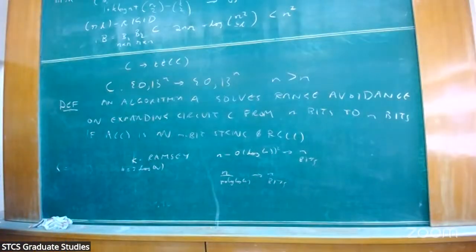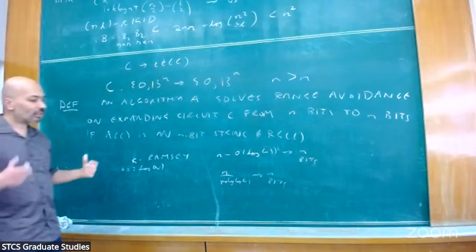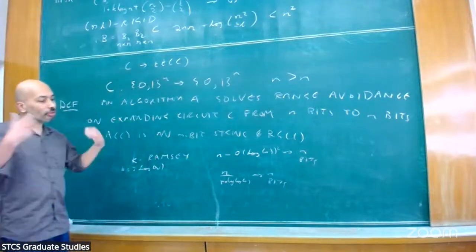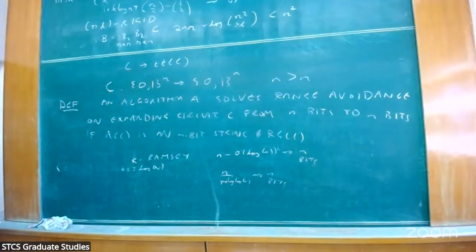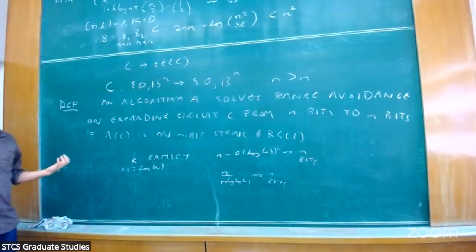So if you solve range avoidance for such an instance, that gives you an explicit construction. For each of these cases where I showed you a decompression algorithm for the complement of the property, by solving range avoidance for the circuit that implements the decompression algorithm, you're going to be able to solve the explicit construction problem for the property.